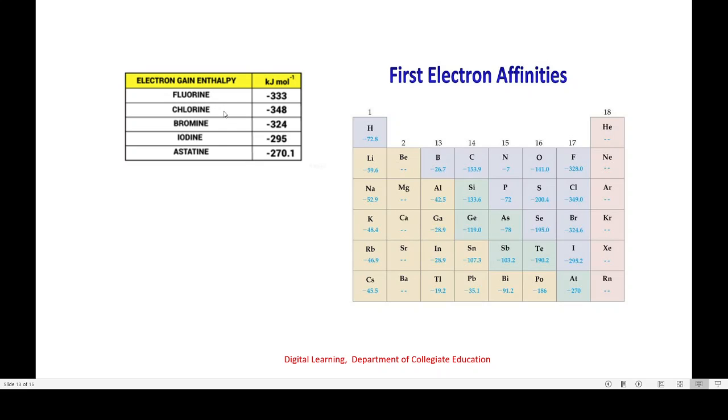that is from chlorine to iodine, on moving down the group, as discussed earlier, the electron affinity decreases down the group. But when we look at fluorine, its electron affinity is unexpectedly low when compared to chlorine.